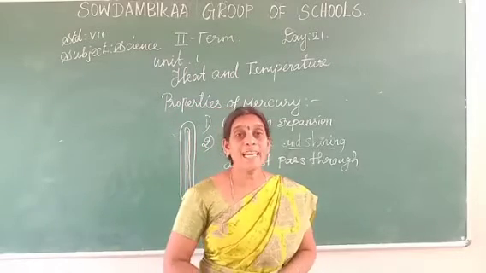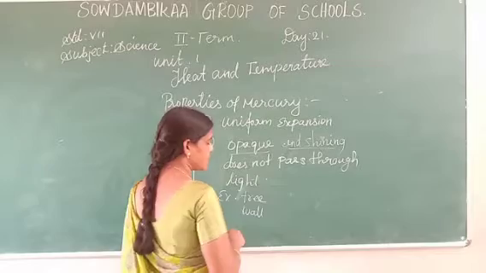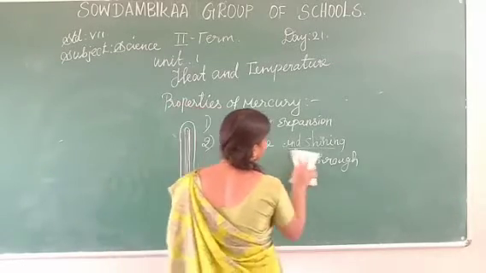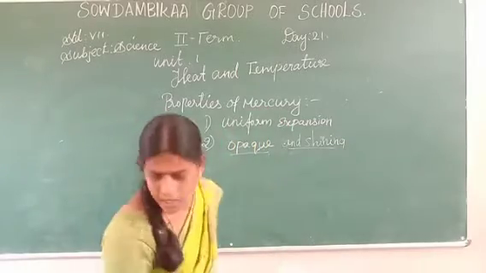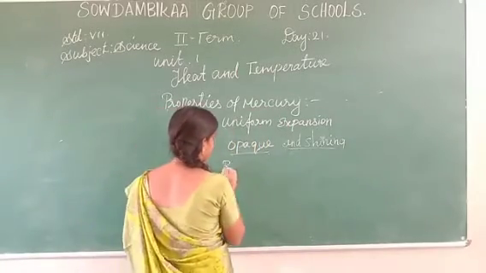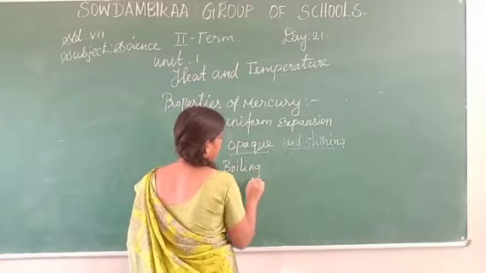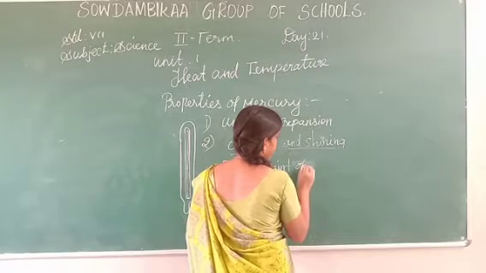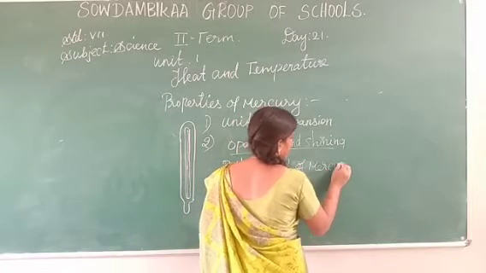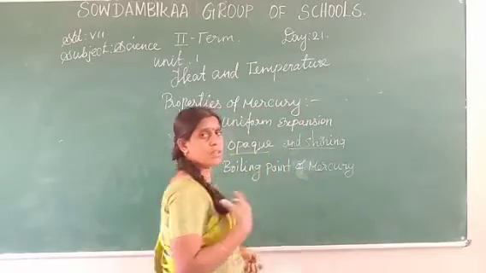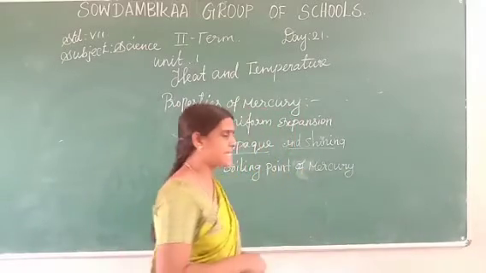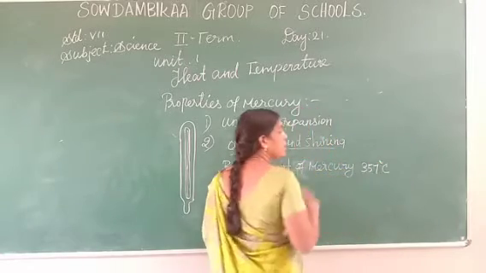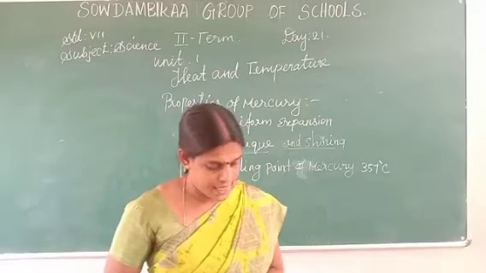What is the boiling point of mercury? Listen, this is one more question. Boiling point of mercury is 357 degrees Celsius.